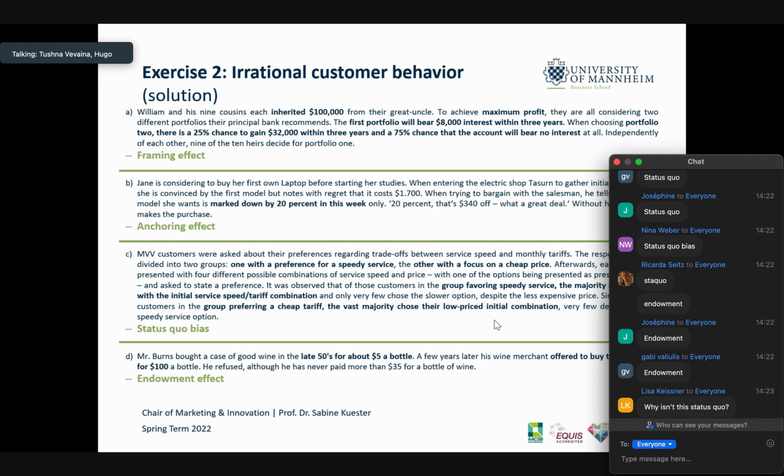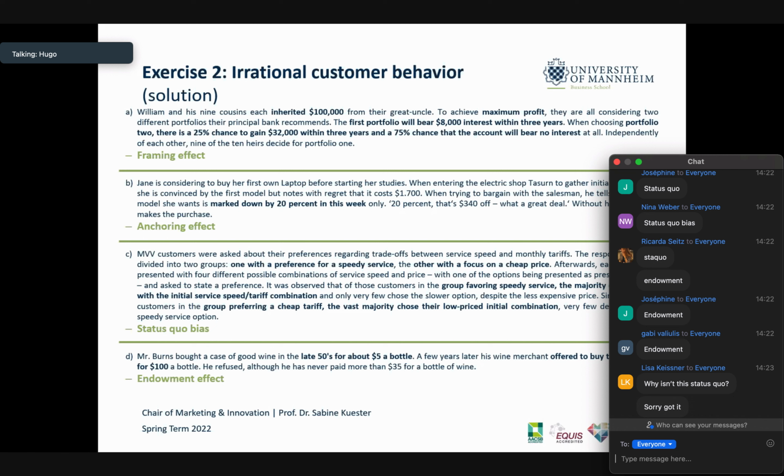No, but they were given. And the group favoring speed was already given a service, but they had the opportunity to change it. But the status quo bias would only be confirmed if there was another tariff which they could choose actively, which would be even faster, right? So that's I guess what they've been offered. Like they were given 4 different combinations, but there's one present.